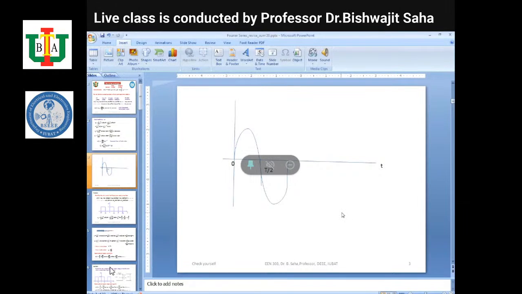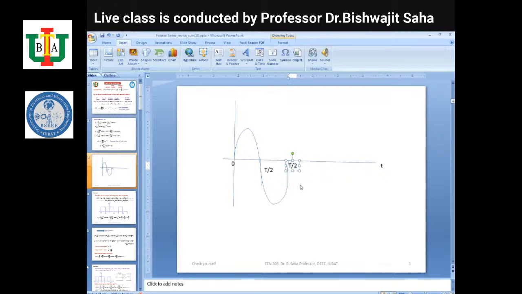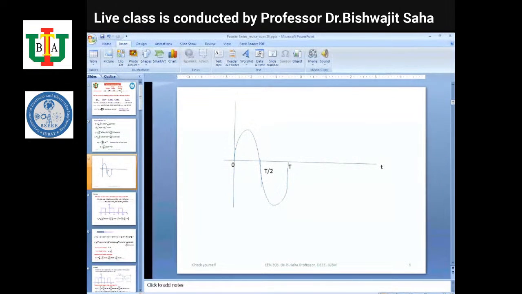So here going to be T. This is one cycle. So the A0 becomes 1 over T, 0 to T, x of t dt. This is going to be the formula of A0.